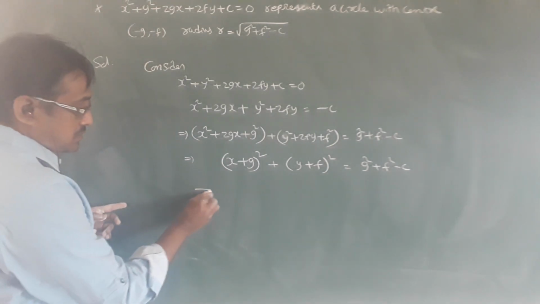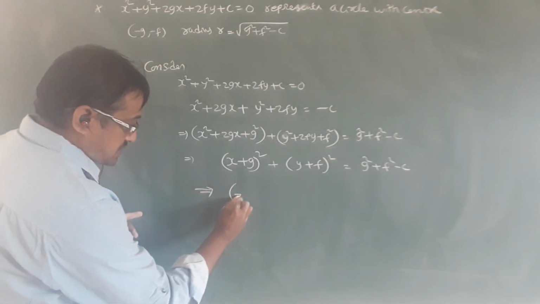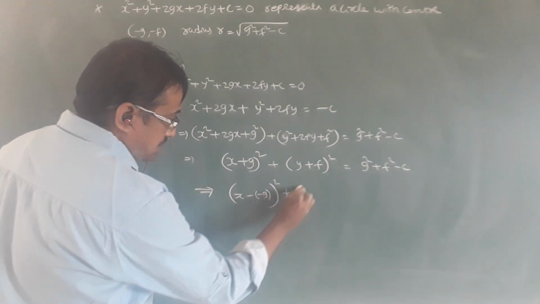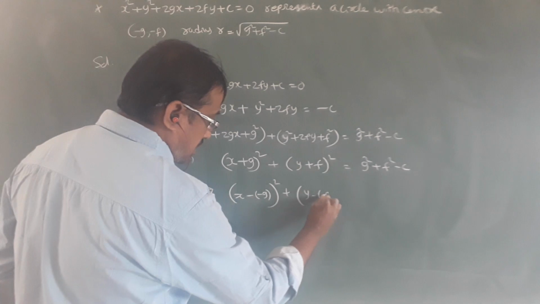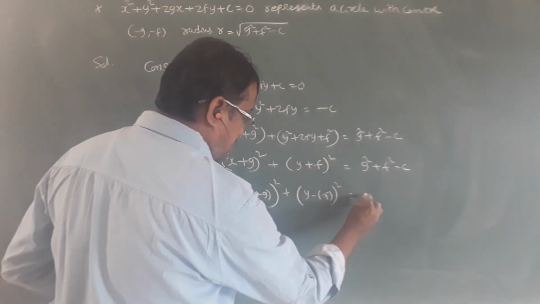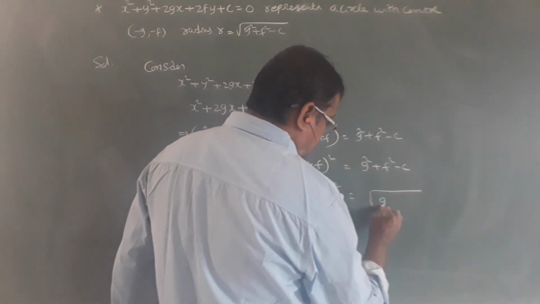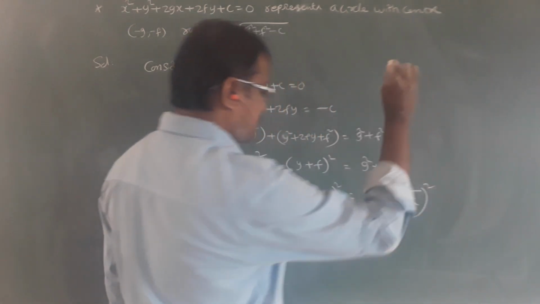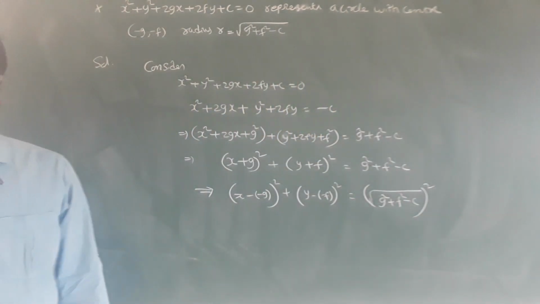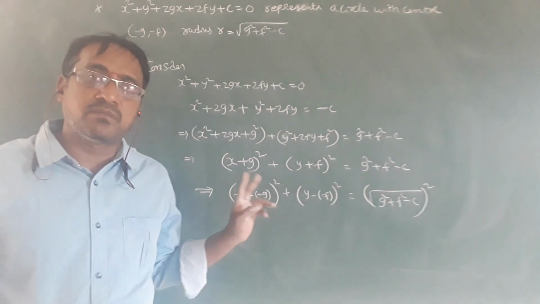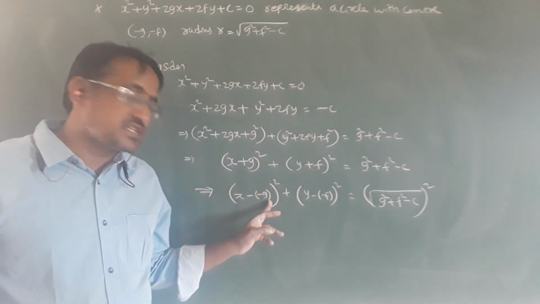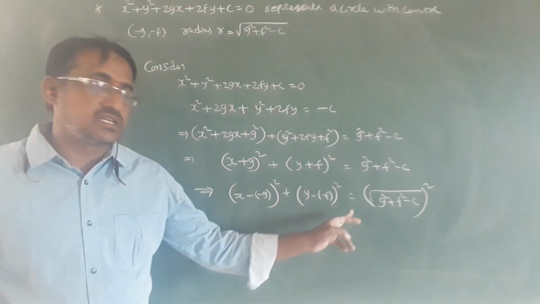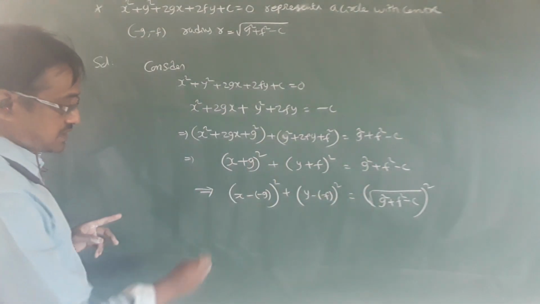Now you can rewrite it like this: (x minus of minus g) whole square plus (y minus of minus f) whole square is equal to (root over g square plus f square minus c) whole square. Now clearly you can see it is in the form (x minus h) whole square plus (y minus k) whole square is equal to r square.